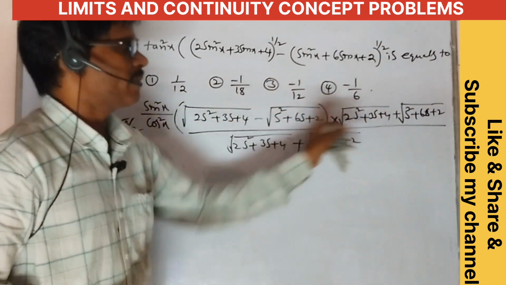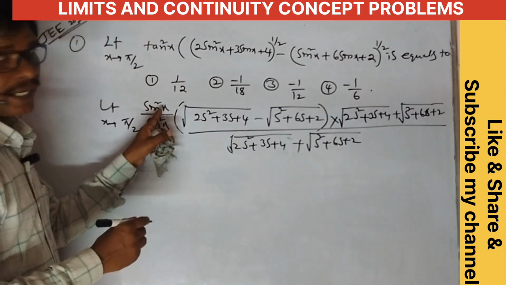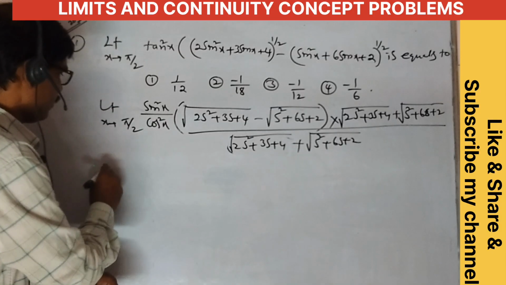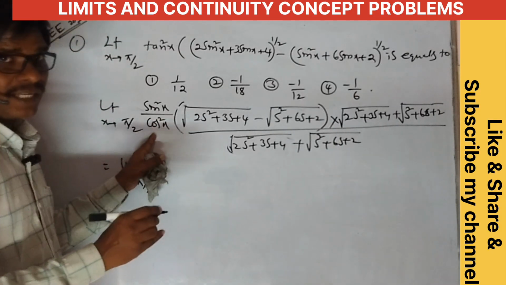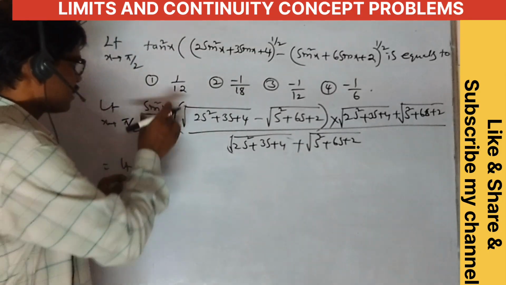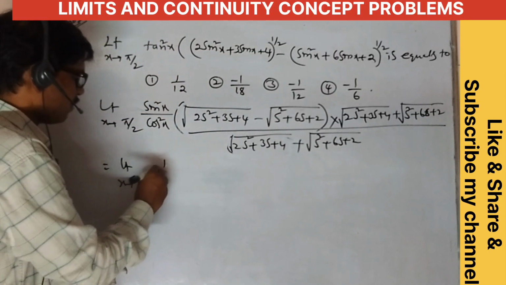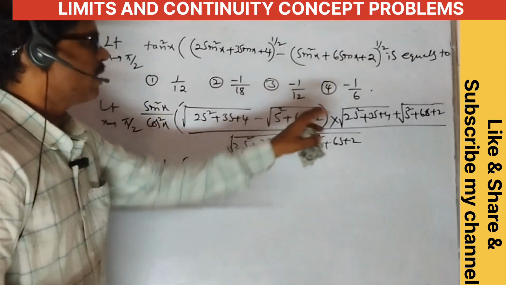A plus b into a minus b formula gives a square minus b square. Here sin pi by 2 is equal to 1. The limit extends to pi by 2. Cos pi by 2 is equal to 0, this is no need here. This is 1 by cos square x into a square minus b square.